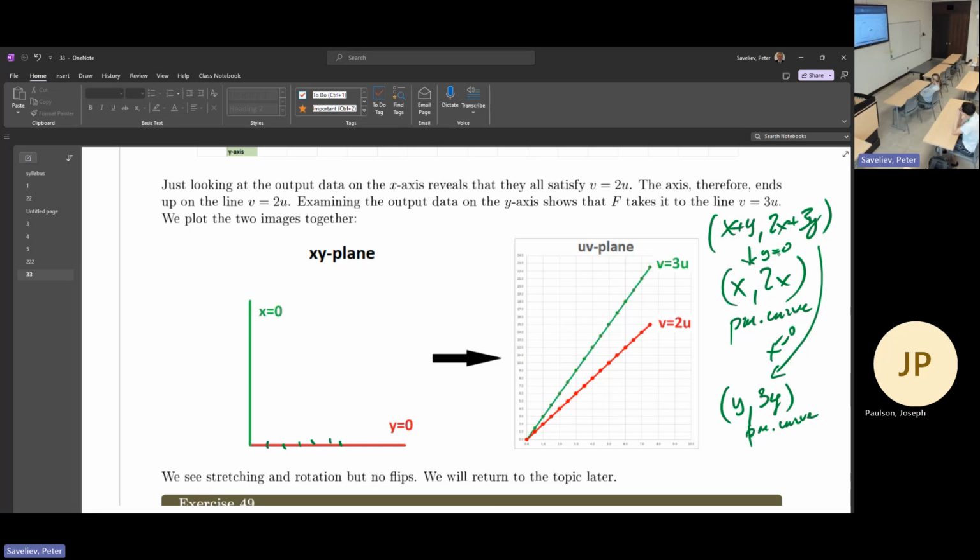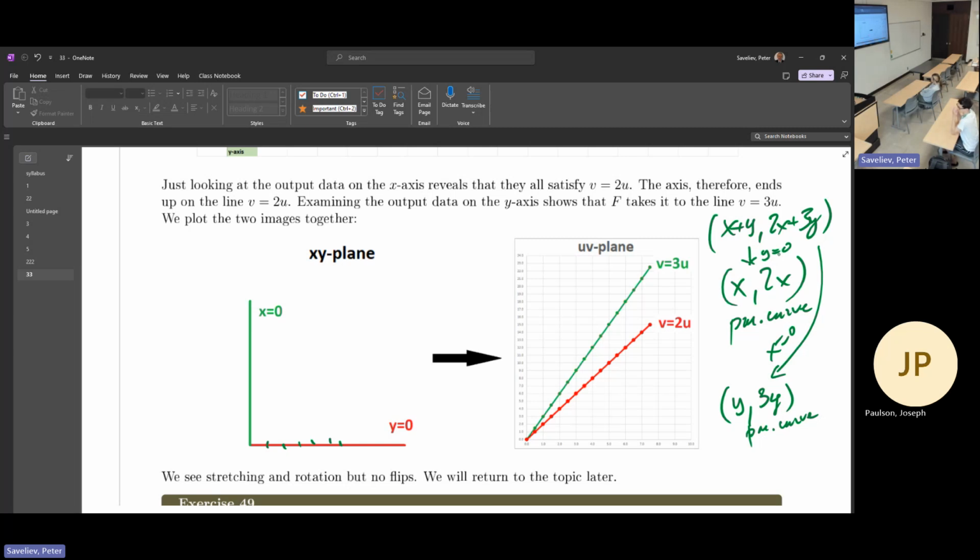Okay, so how do I know that there's no flip? How would you know that there were a flip? Negative. Negative what? X for y. Well, you're looking at the formula, surely, and that might tell you what has happened.